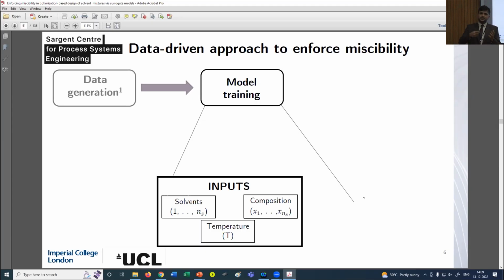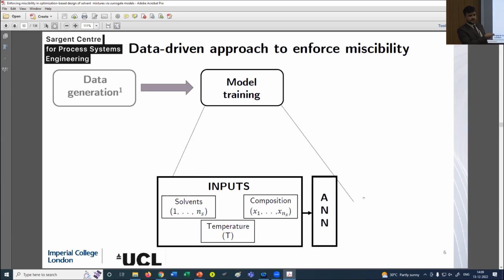So usually when we have to train machine learning models for such discrete choices, we need to do one-hot encoding. But in this case, I would also like to inform you that we are always using UNIFAC, the UNIFAC thermodynamic model, to do our calculations. And with UNIFAC, we can parameterize the identity of the solvent based on the van der Waals surface area and van der Waals volume parameters, or Q and R parameters as they are called. So they are used to identify a particular solvent. So those are the inputs, the composition and the temperature.